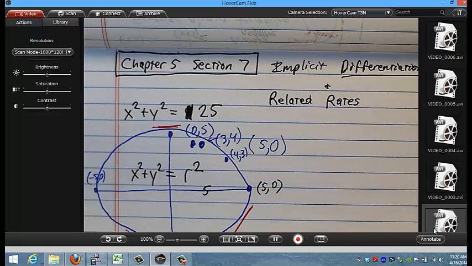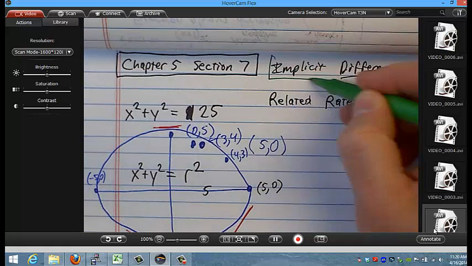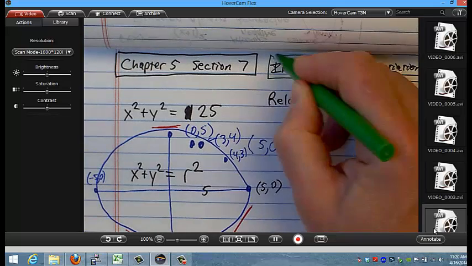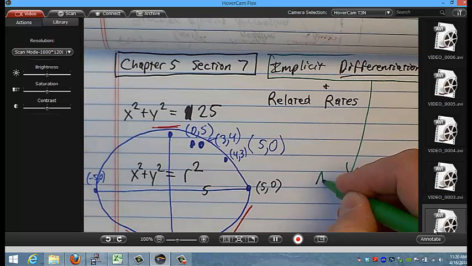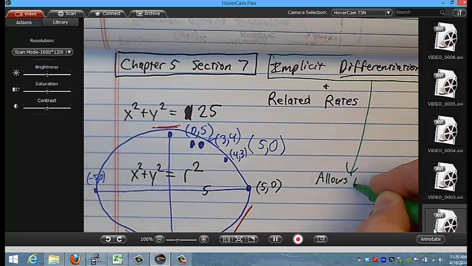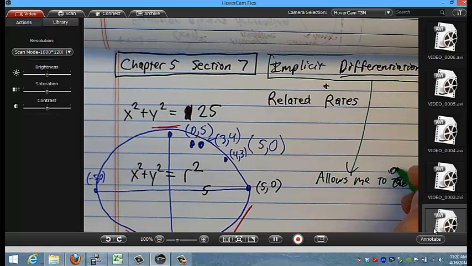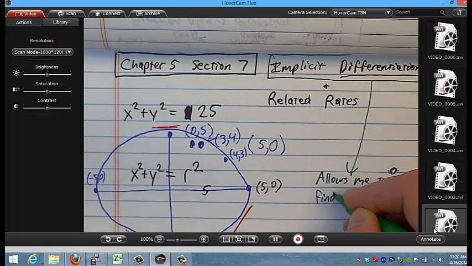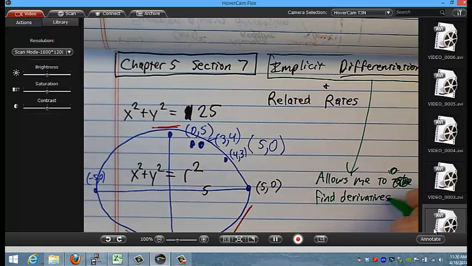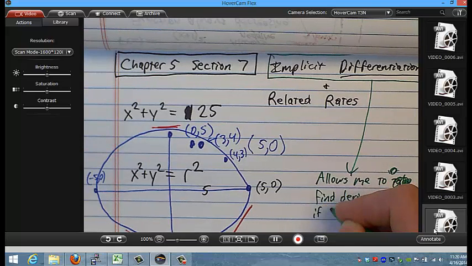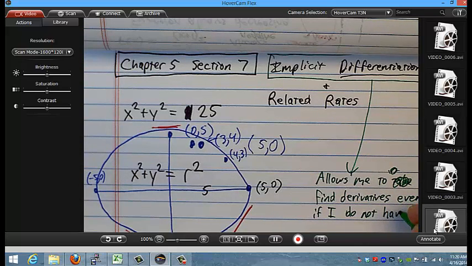Well, the idea of implicit differentiation, what the idea is, this allows me to take, or let's say to find derivatives even if I do not have a function.